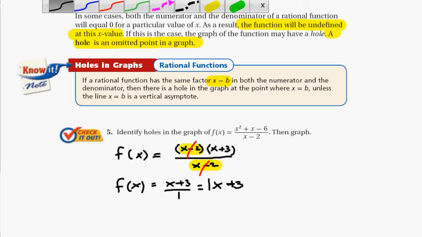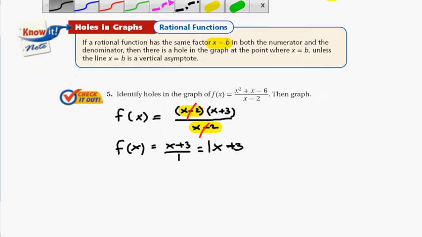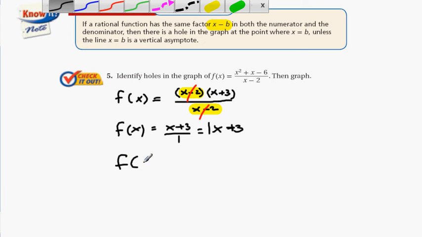And if you notice, we can put in a 1 there as a factor of x, and what we have is a linear equation. So I have f of x equals 1x plus 3. This 3 is my y-intercept, and the 1 is my slope.